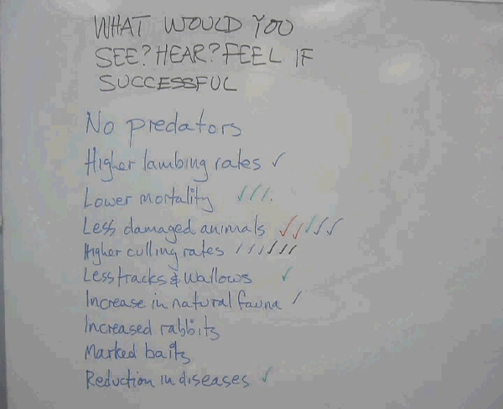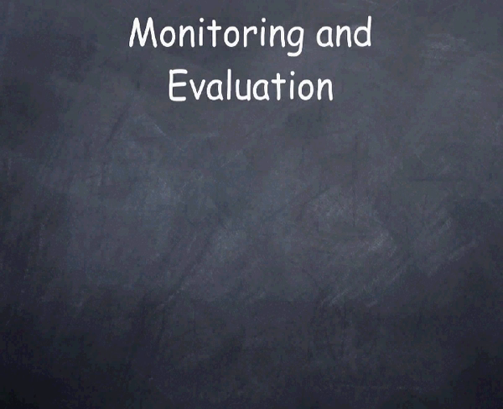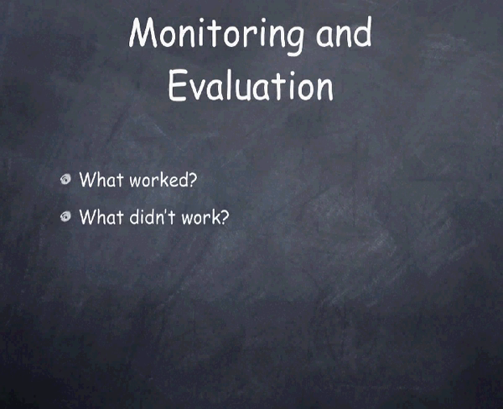A series of simple monitoring and evaluation tools can be incorporated into the plan. Thus, at a later date, when it comes to evaluate the project, the results of the indicators can be considered by the group alongside the generic evaluative questions: what worked, what didn't work, what might work in the future.